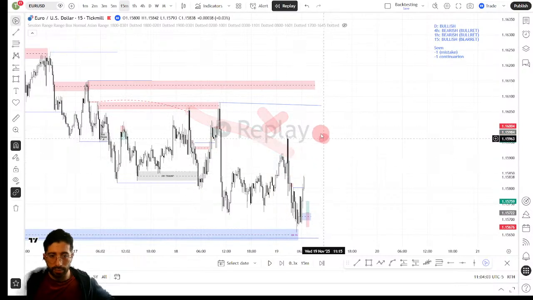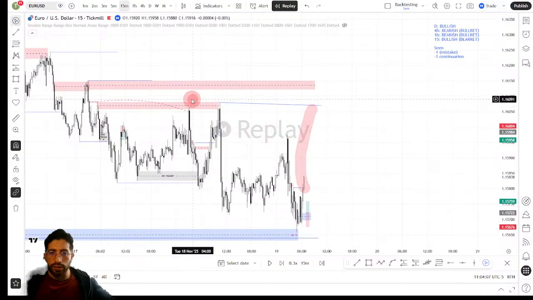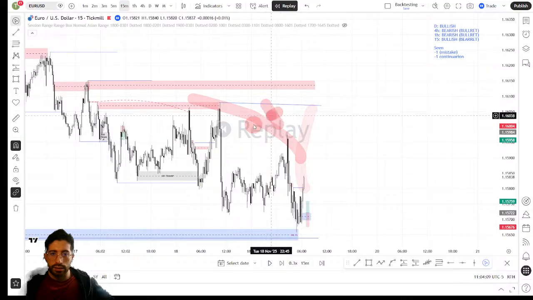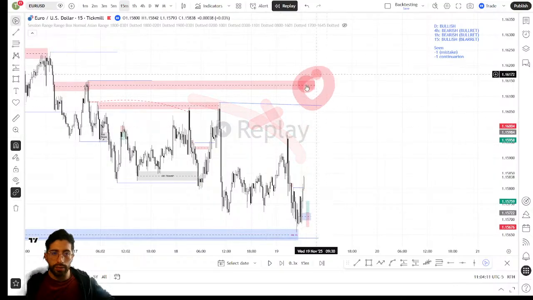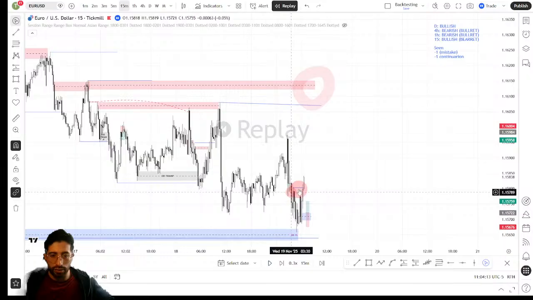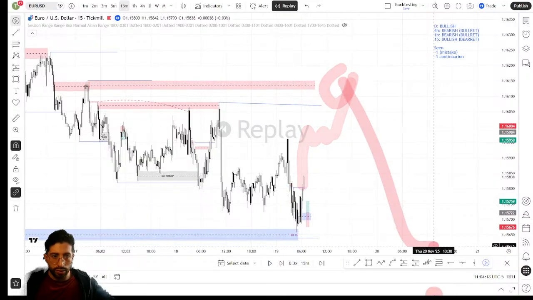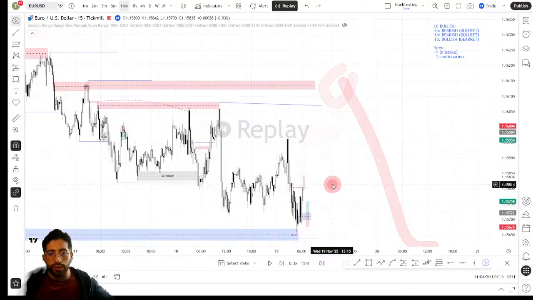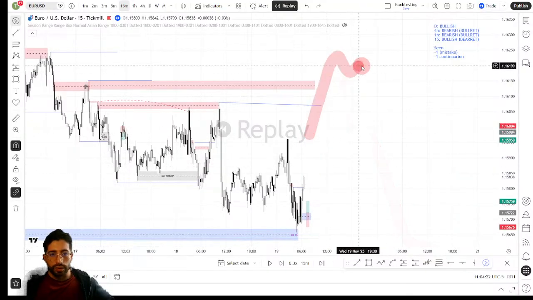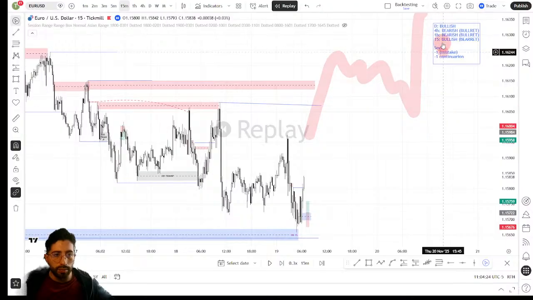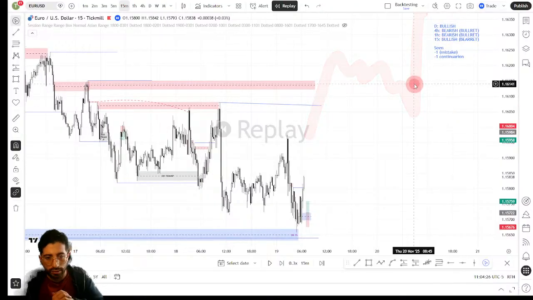So I think the price may continue pushing up, take the liquidity of these highs, and here we will wait for a confirmation in this order block, because here the price may have a reaction and continue going down, or well, the price ignores it and continues with the bullish impulse, right? Because we're in an impulse. So let's see.